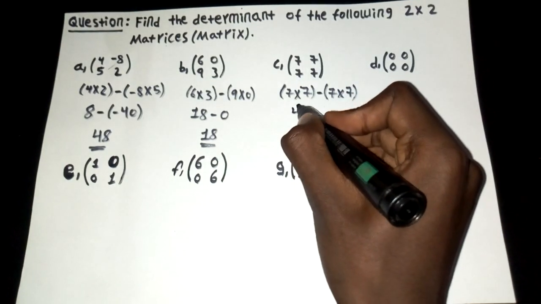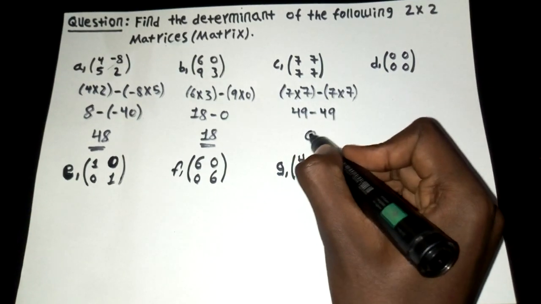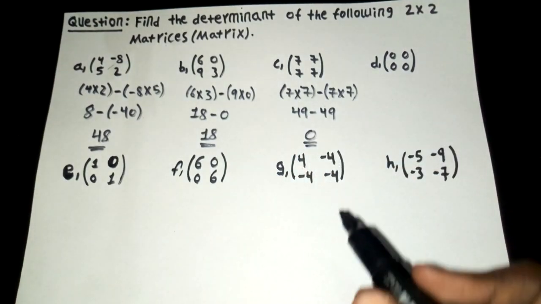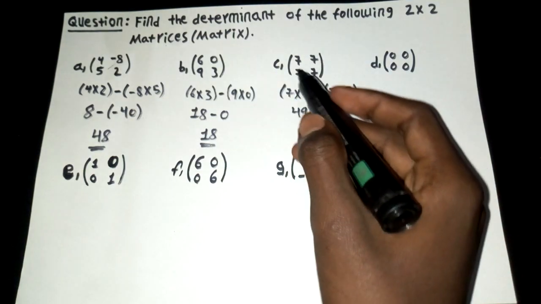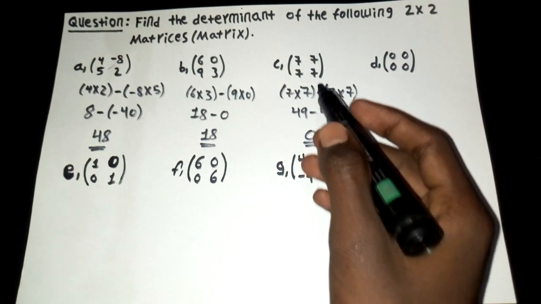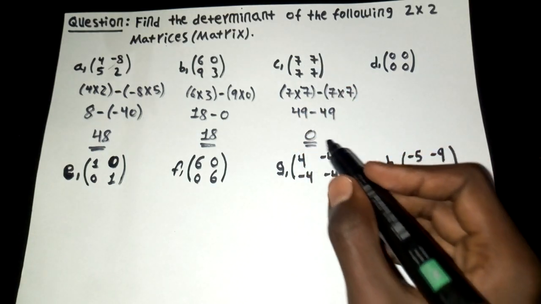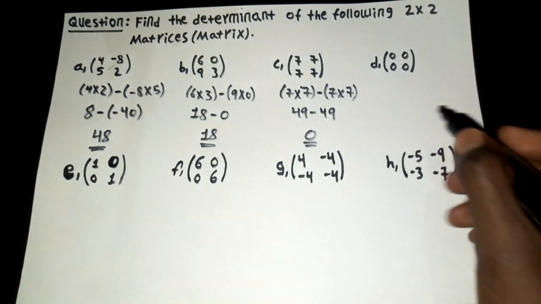Our answer is 49 minus 49, which is 0. So if we have entries like this, their determinant is always 0 for a 2 by 2 matrix.